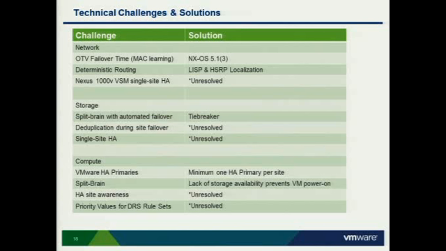Maybe we use host affinity rules or groups to make sure that two nodes of an application, one's on one site, one's on the other. Well, what if we also want to, in one site, make sure that two of those nodes never end up on the same host? Unfortunately, DRS has some problems with that, and really understanding which one of those rules takes precedence.